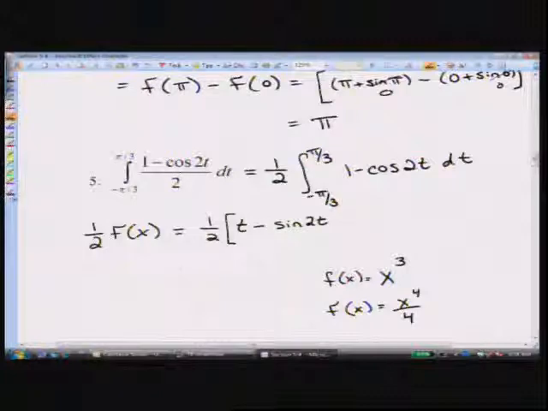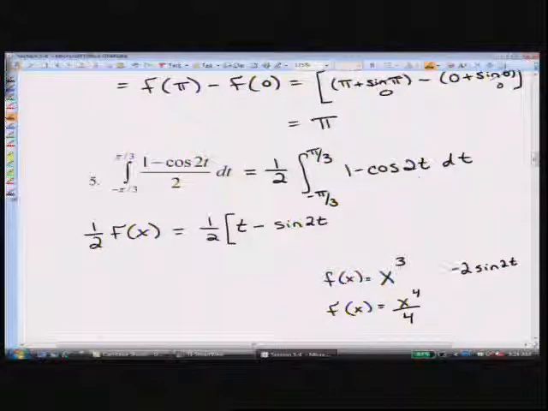There it is. Okay, x to the 4th over 4. Right? See, if I take the derivative of this, I get x cubed. Now you guys told me 2 sine 2t. If I take the derivative of this, will I get minus cosine 2t? Yes or no?